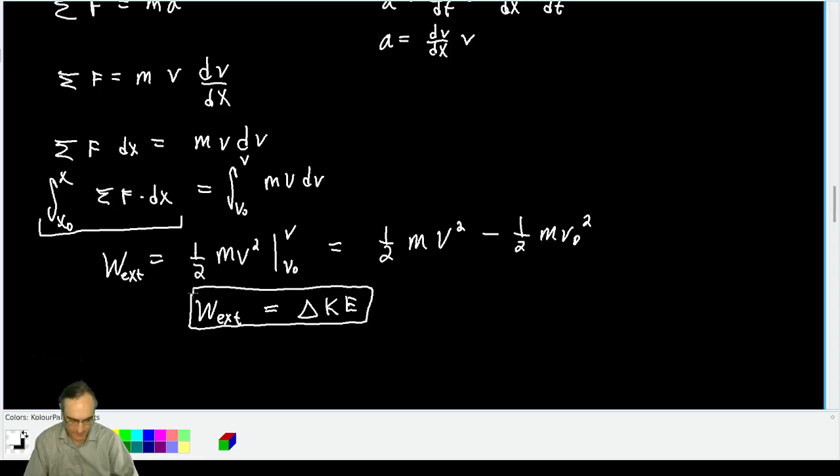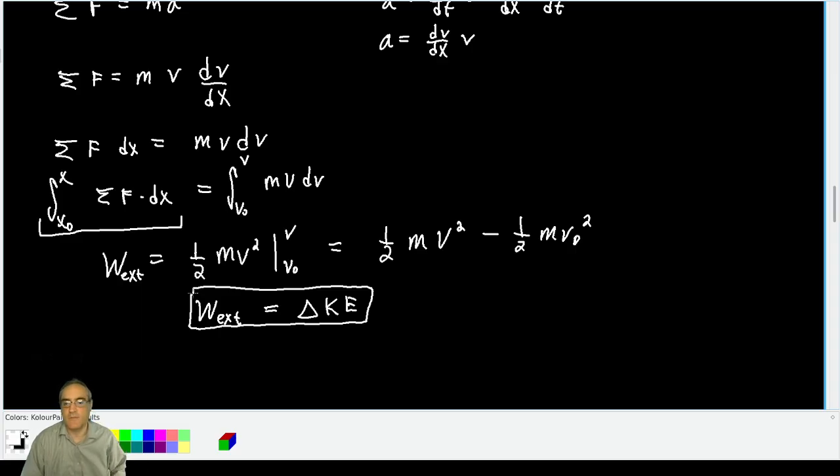Okay, if we really wanted to figure this out in full vector form, we'd really need to split it up at this point into sum of forces in x, sum of forces in y, sum of forces in z, acceleration in x, acceleration in y, acceleration in z. That looks like it gives kinetic energy change in x, y, and z, but really we're oversimplifying things here.